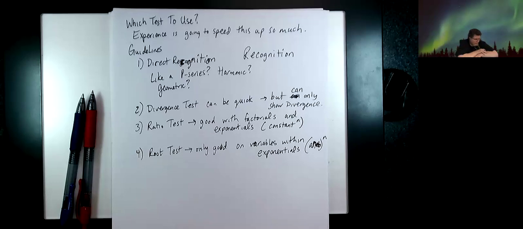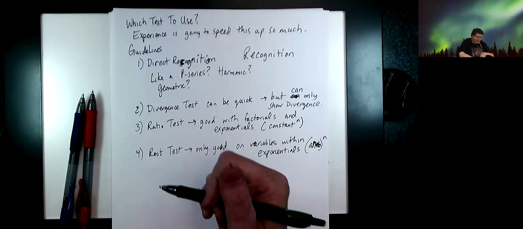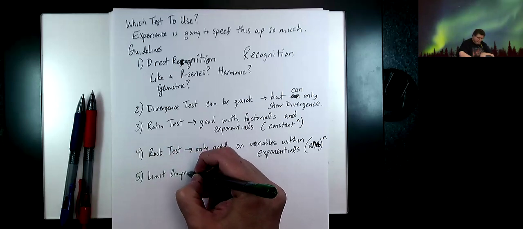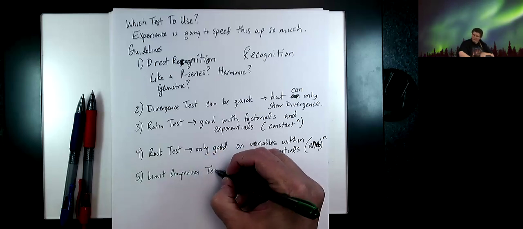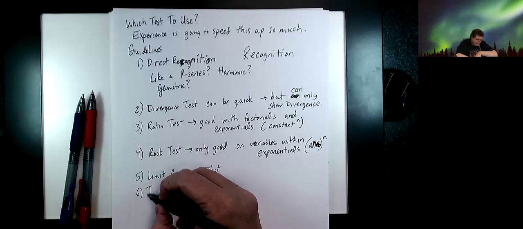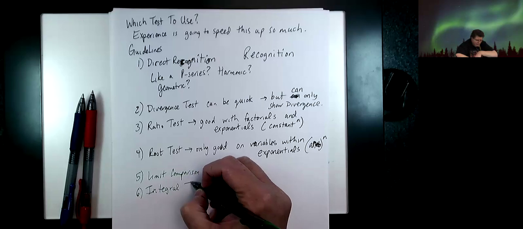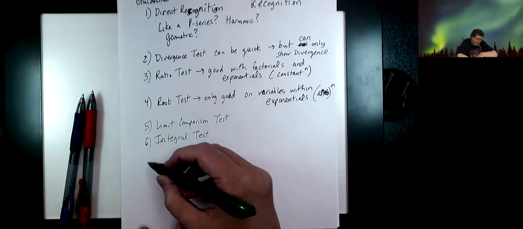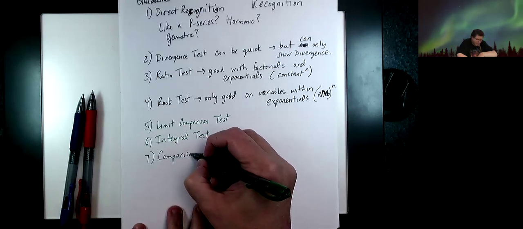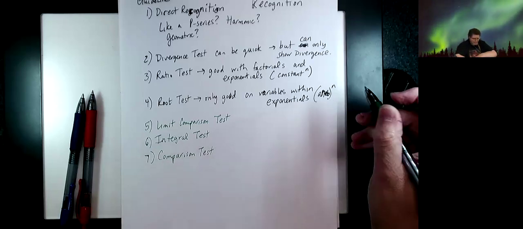After that, I don't know about you, but I think the limit comparison test was the easiest. Then the integral test. And the comparison test is so difficult to use that it should be your last resort.